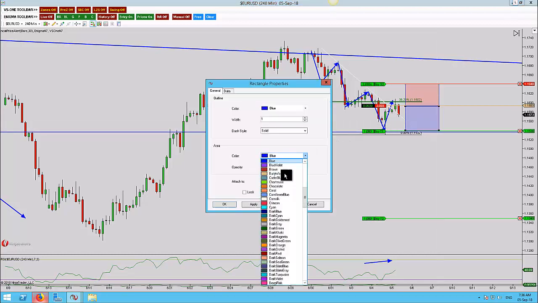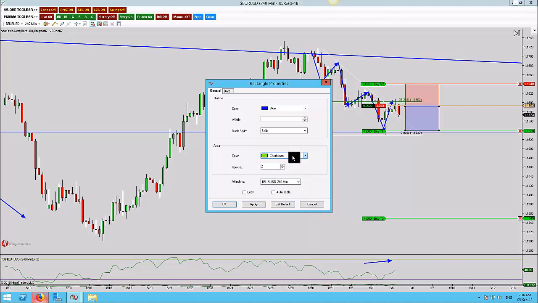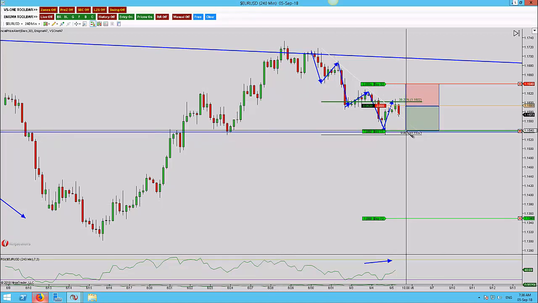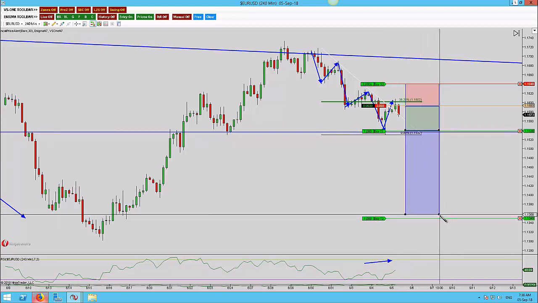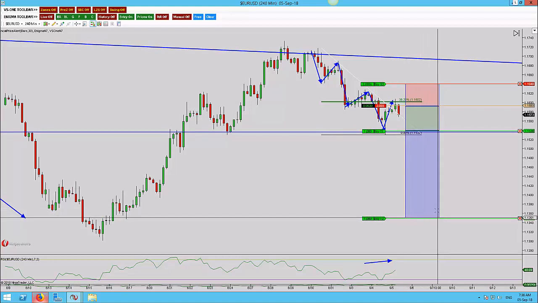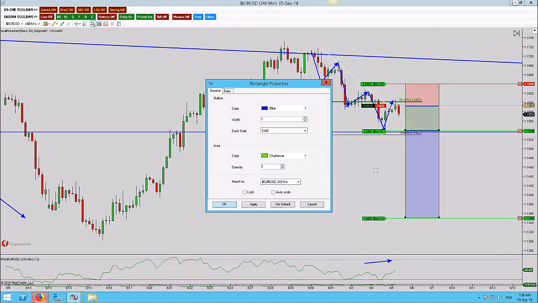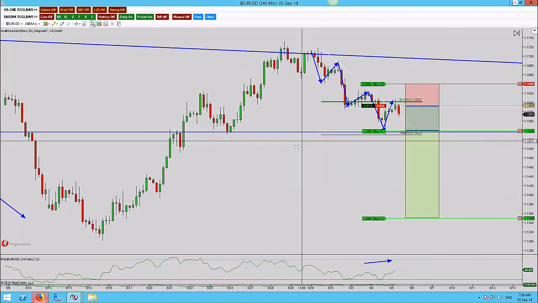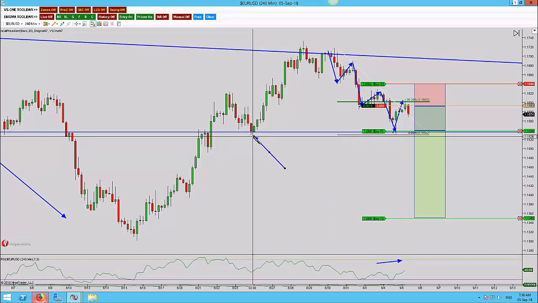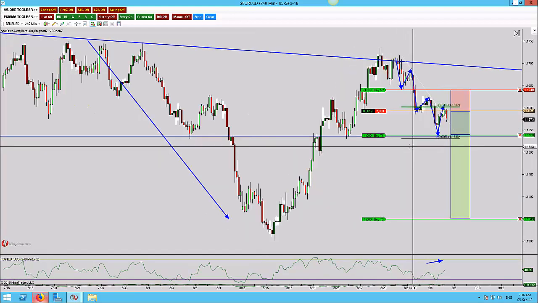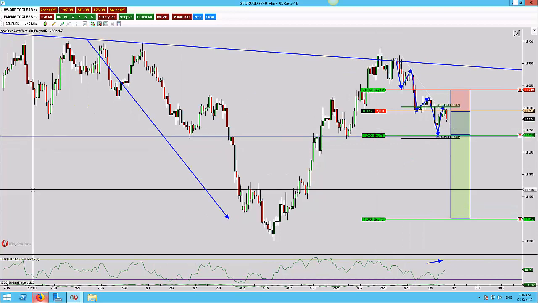We'll make that one green. And secondary targets are all the way down here. That's where the money is in those secondary targets. So that's the reason why I entered the trade even though we'd already tested the structure point where I thought price would come to. But I do believe price can come lower, and we'll come back and see if this was a winning trade or not.